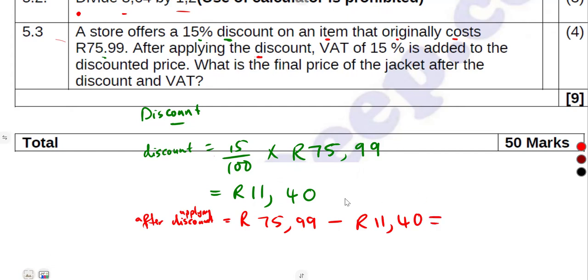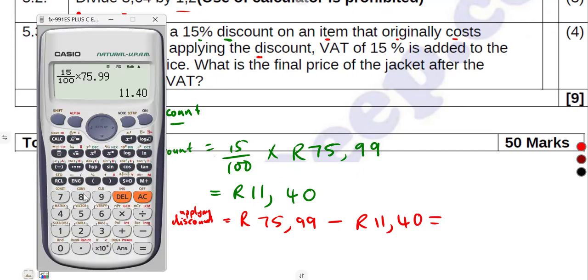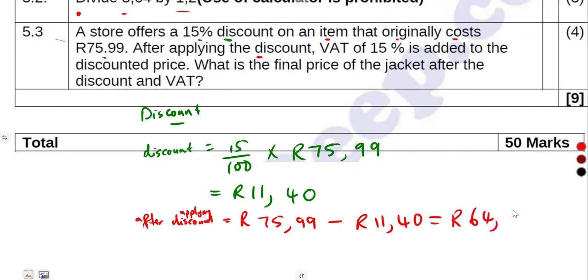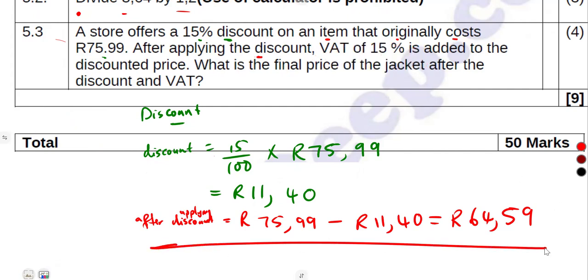So this is after the discount. That is 75.99 minus 11.4. That's going to give us 64.59. So let's say there was no VAT to be added. Let's say it was not there. This was going to be our final price.